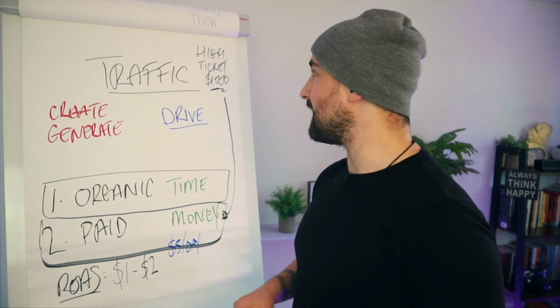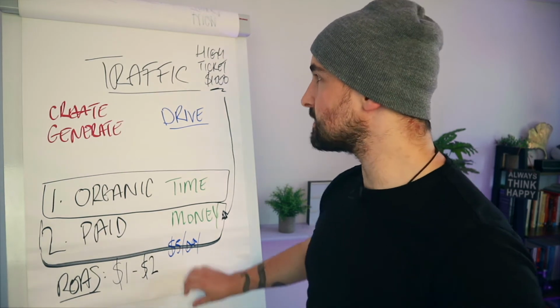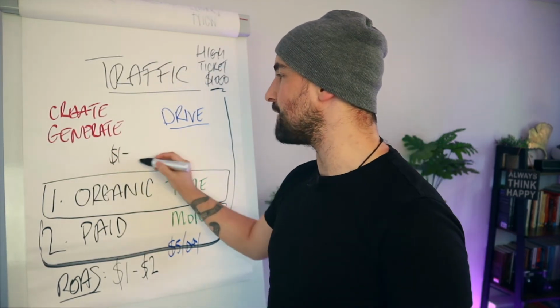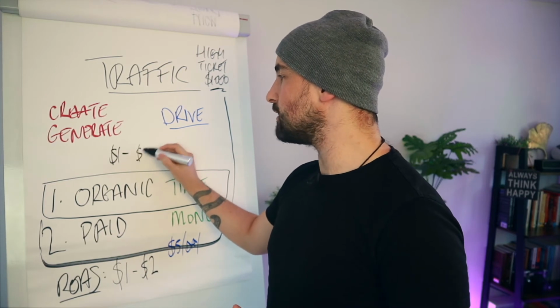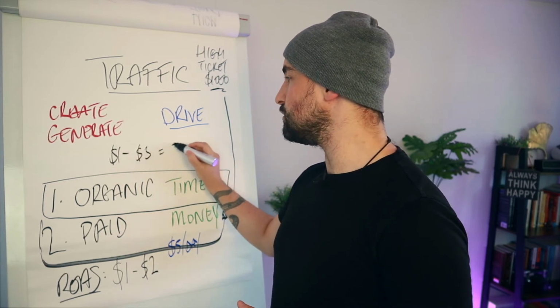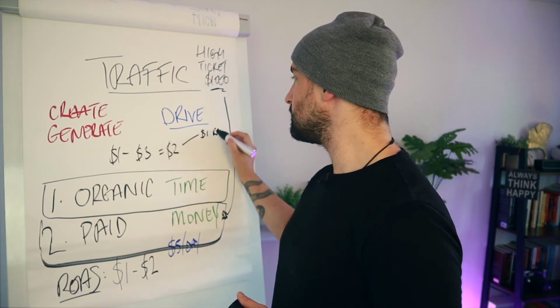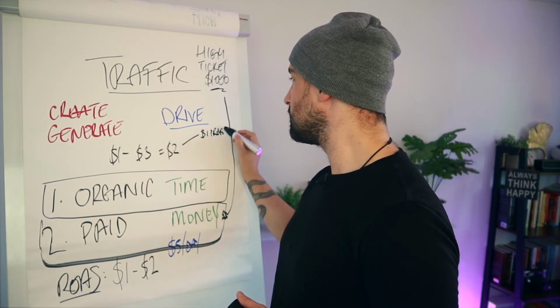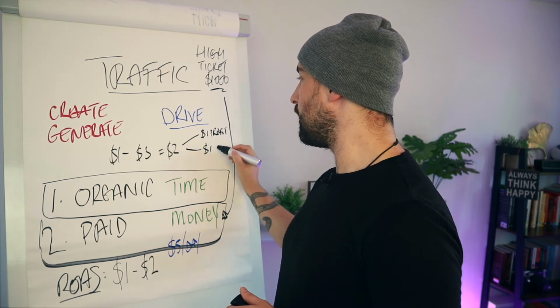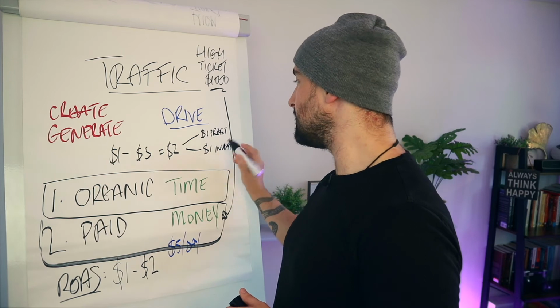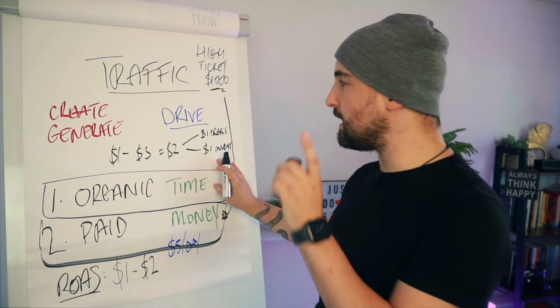What you want to be doing is, let's have an example, say you're putting $1 in, just simple easy maths, and you're getting $3 back. So your difference is $2, right? Now you could maybe take $1 as profit so that you are making something, and you could take the other $1 and reinvest. Now this is really, really incredible.